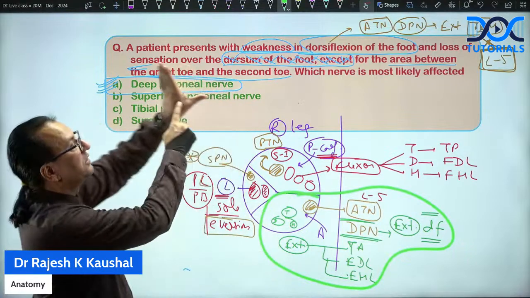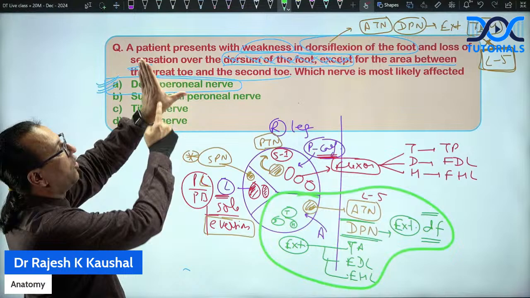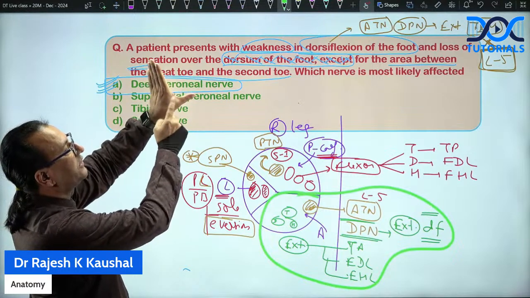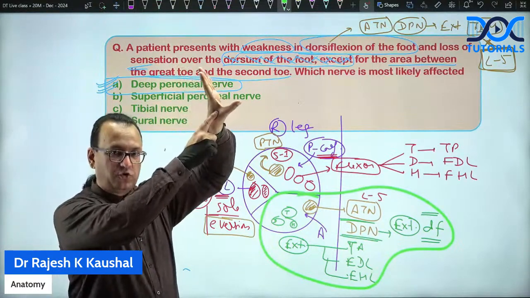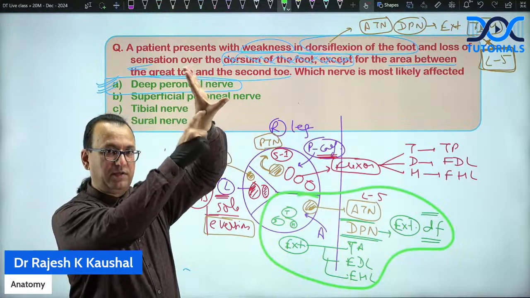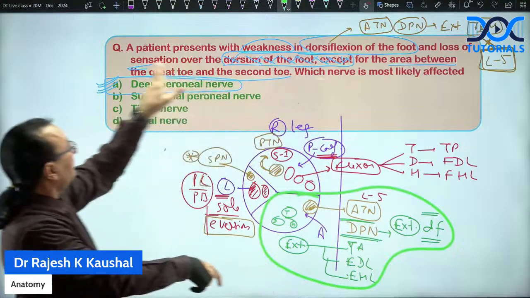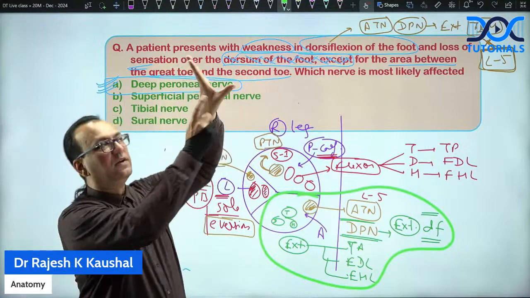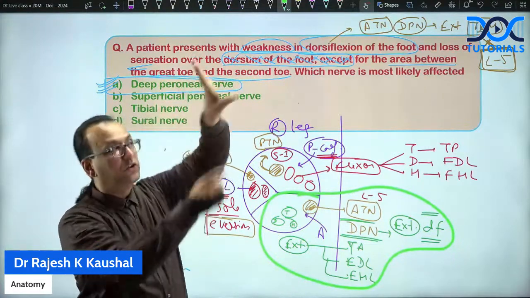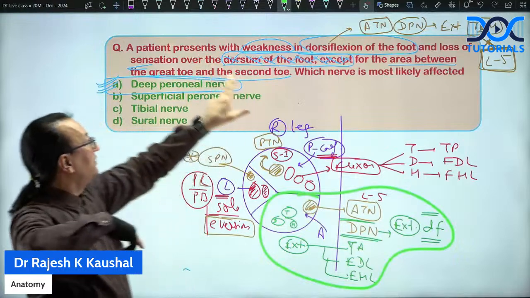On the foot, the first interdigital cleft is the L5 dermatome, deep peroneal nerve, and that is the sensory loss. The area between the great toe and second toe on the foot, not the hand. So the answer is deep peroneal nerve.